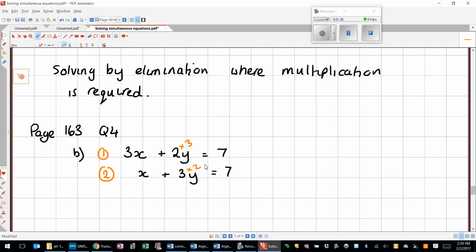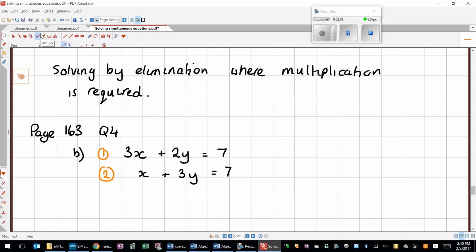Now, there is no real problem with that, apart from it's not necessary, and it leads you away from really understanding what you're trying to do, and it can make numbers quite big that you don't need to be dealing with. So we've just got to look at it and go, well, what's the easiest one to look at?